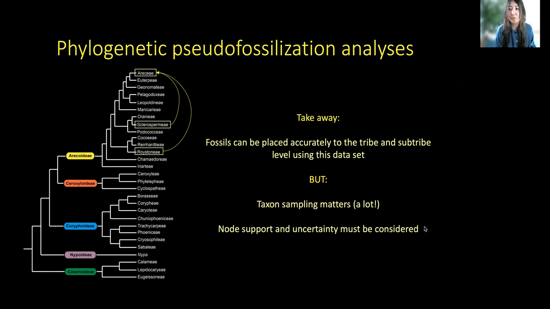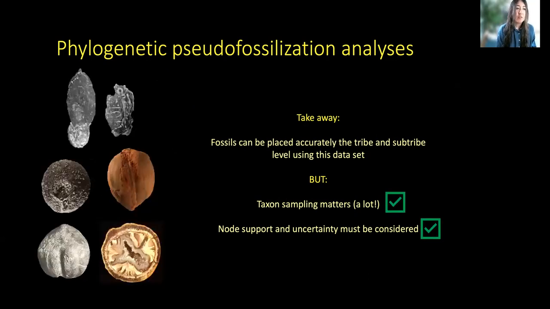Now, we used bootstrap support values above 95% as our cutoff, because in some cases, we saw support values of up to 90% for incorrect placements. Now, in the case of these fossils, I think we can check all of these boxes. Our taxon sampling was extensive, and node support was high for all taxa, with any uncertainty narrowly restricted to the clades in which these fossils were placed.